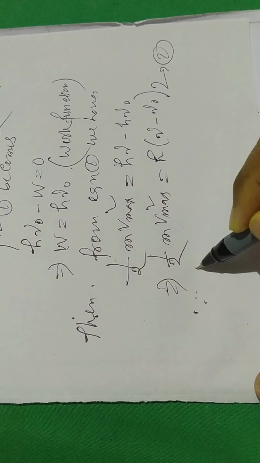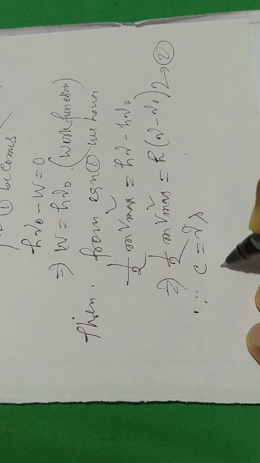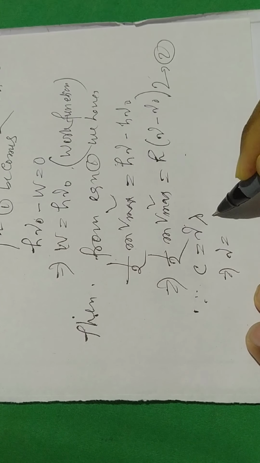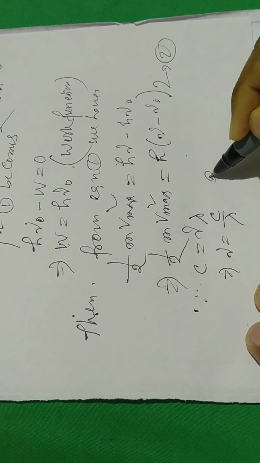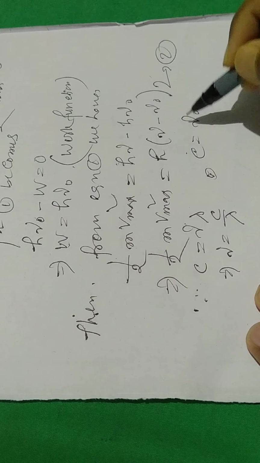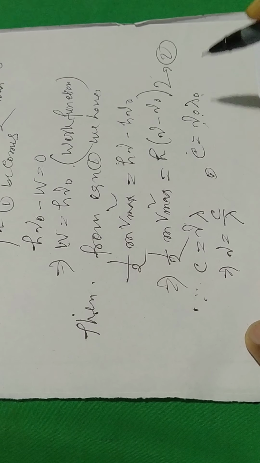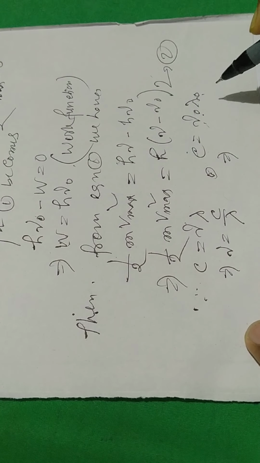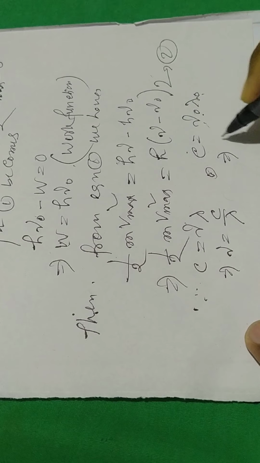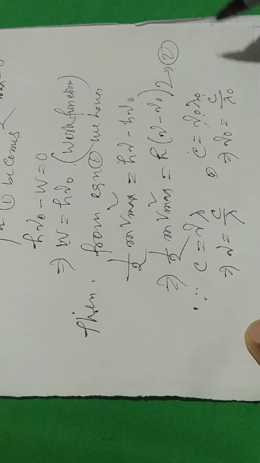Since we know c equal to nu lambda, then nu equal to c by lambda. And c equal to nu naught lambda naught, where lambda naught is the threshold wavelength. So nu naught equal to c by lambda naught.